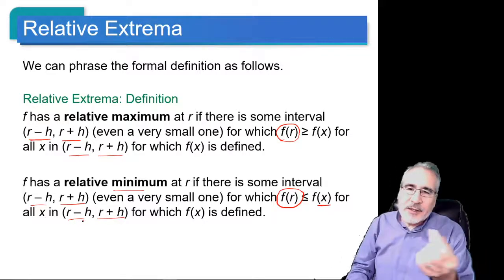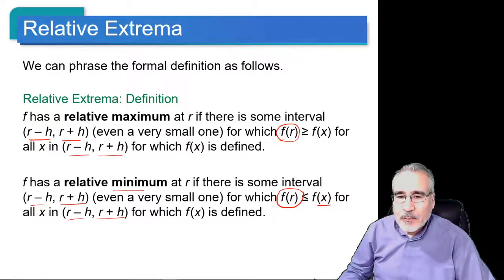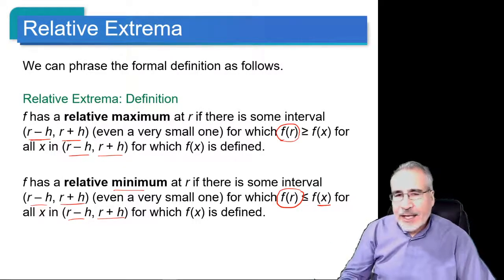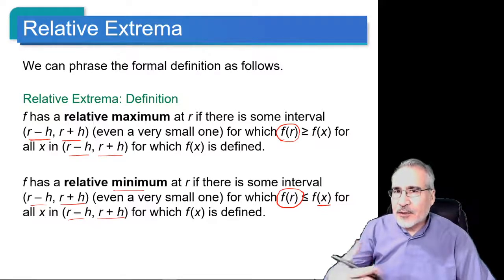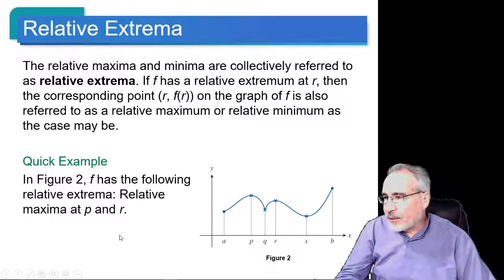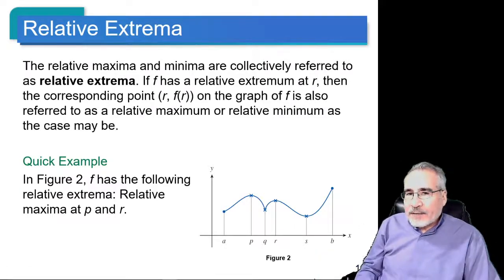We're at r. We go a little bit to the left, a little bit to the right. This is what we did when we were talking about limits and trying to get that slope at one point. So that ties back to that. Fortunately, we're not going to do a real formalized definition with limits and all that kind of stuff, because we can also see it graphically.